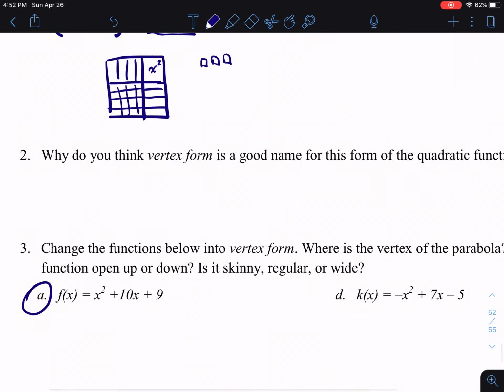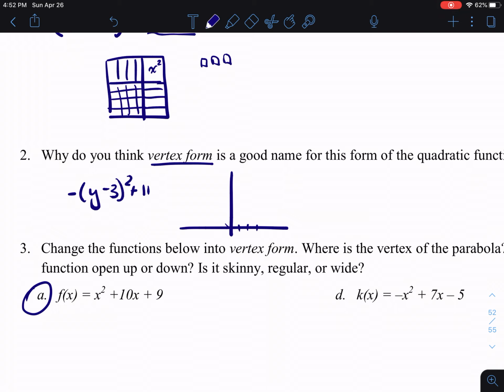Now, why do you think vertex form is a good other name for it? Remember when we had minus y minus 3 squared plus 11 just earlier? And we said the vertex is going to be shifted right by 3 and up by 11. So let's look at what's going to happen here. 1, 2, 3.